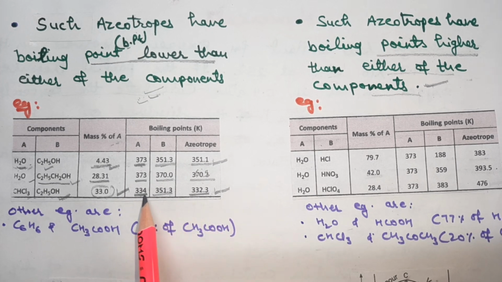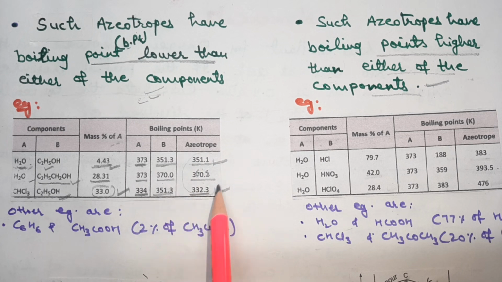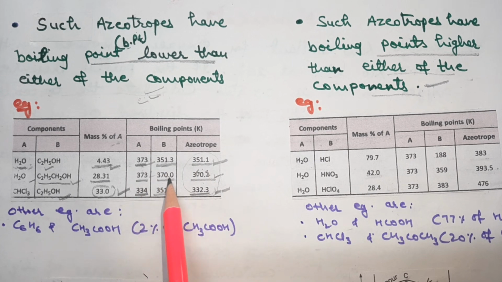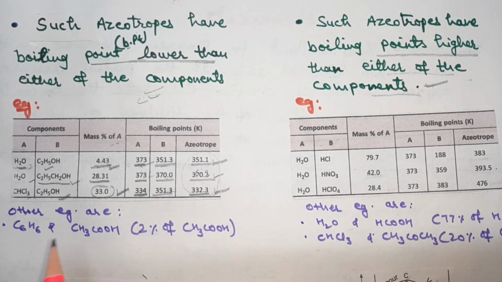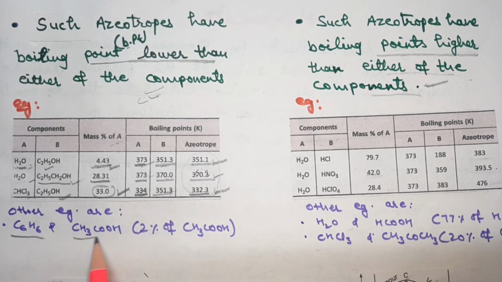So we can see in all these examples the boiling point of azeotropic mixture is less than the boiling point of the components. One more example is here, that is of benzene and acetic acid.